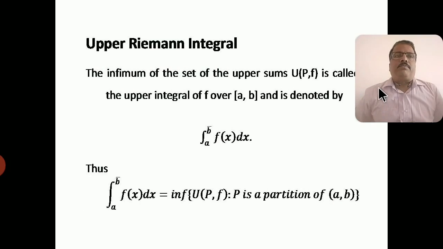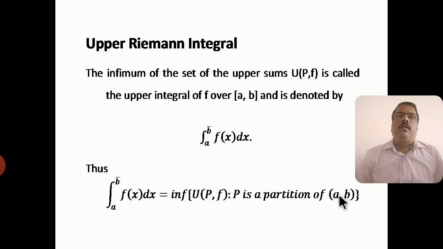So here, upper Riemann integral means the infimum of the set of upper sums U(P,f) is called the upper integral of f over the interval [a,b], and is denoted by the integral from a to b bar f(x) dx. That means what? The infimum means it is the greatest lower bound.